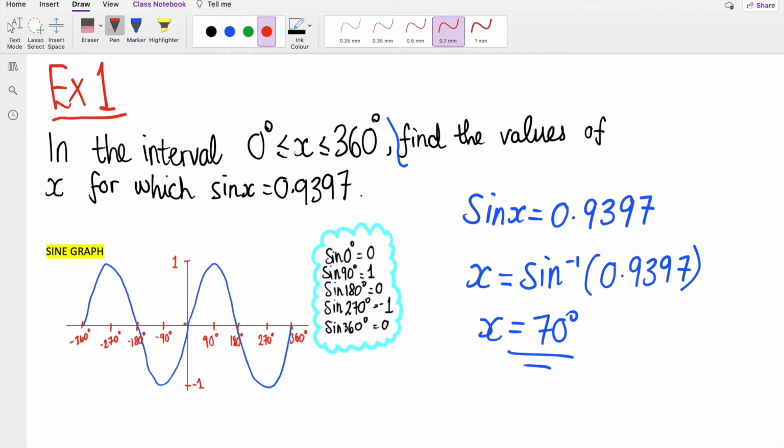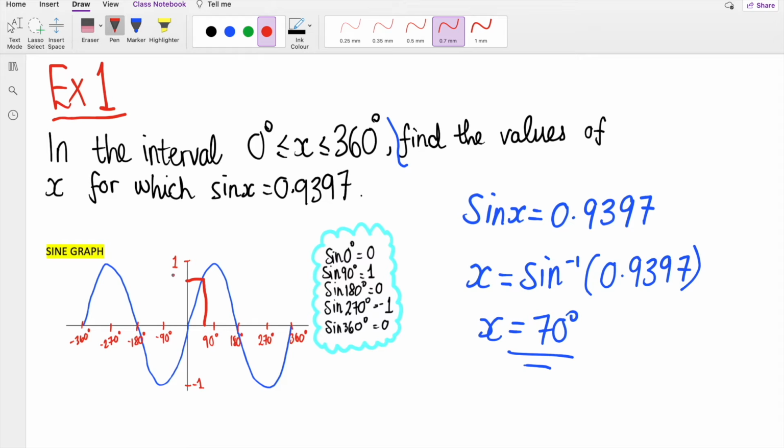We can now use the graph and its symmetrical properties to find any other values for x. If x equals 70 degrees, I find 70 degrees on my x-axis, and draw a line going up and across.